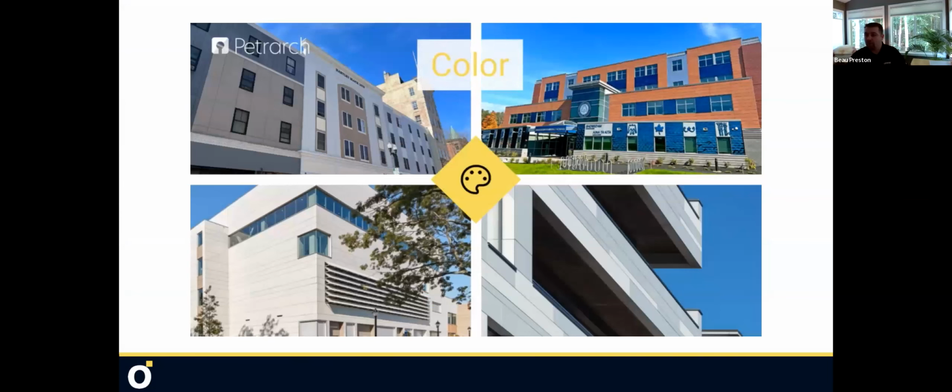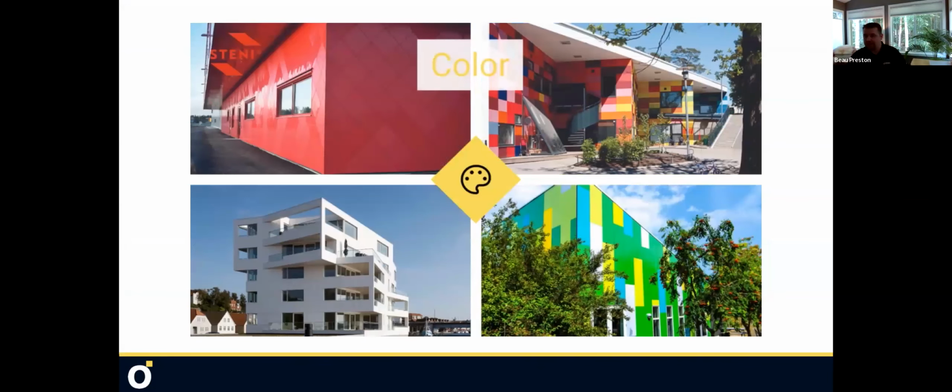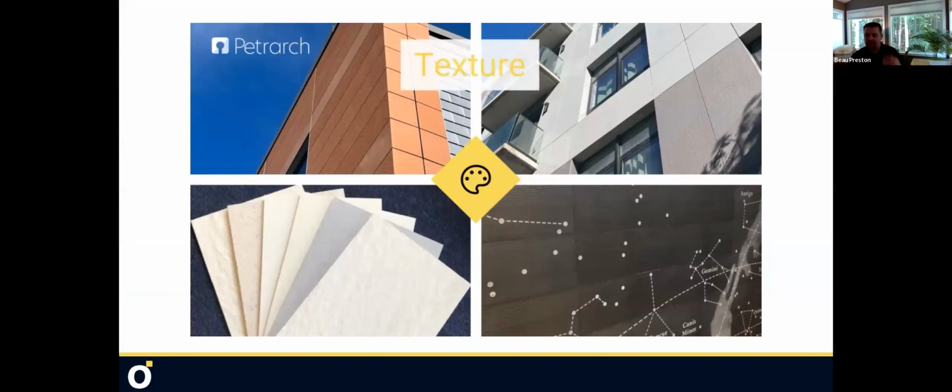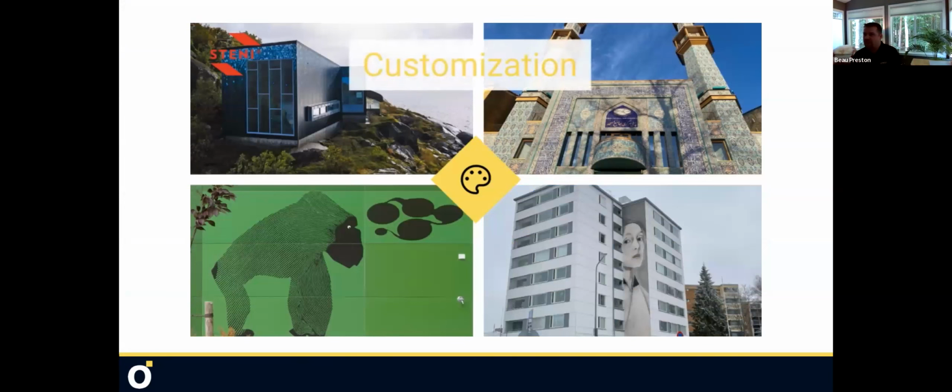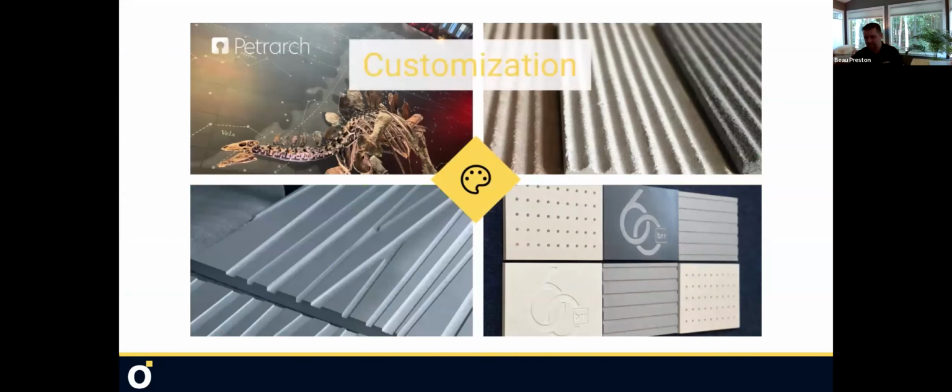So first and foremost, color. We've got a vast array of color, texture, and glosses, and we're going to see these. Just to show quickly, anything from an automotive finish down to a matte finish, with customization, as you can see there, from any scope over any size.